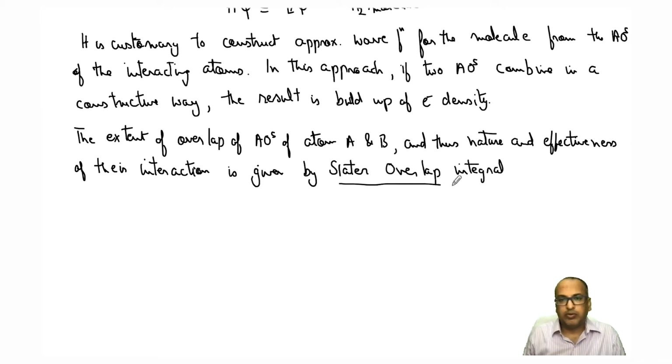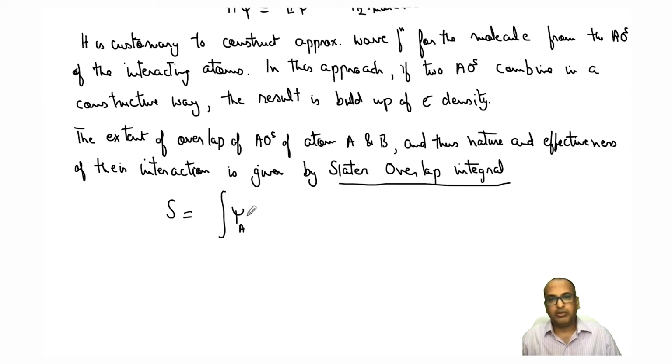So what is the Slater overlap integral? It is defined as S equals the integration of psi A psi B d tau, where psi A is the wave function describing the atomic orbital of atom A, and psi B that of atom B. Of course, there are going to be boundary conditions and all.